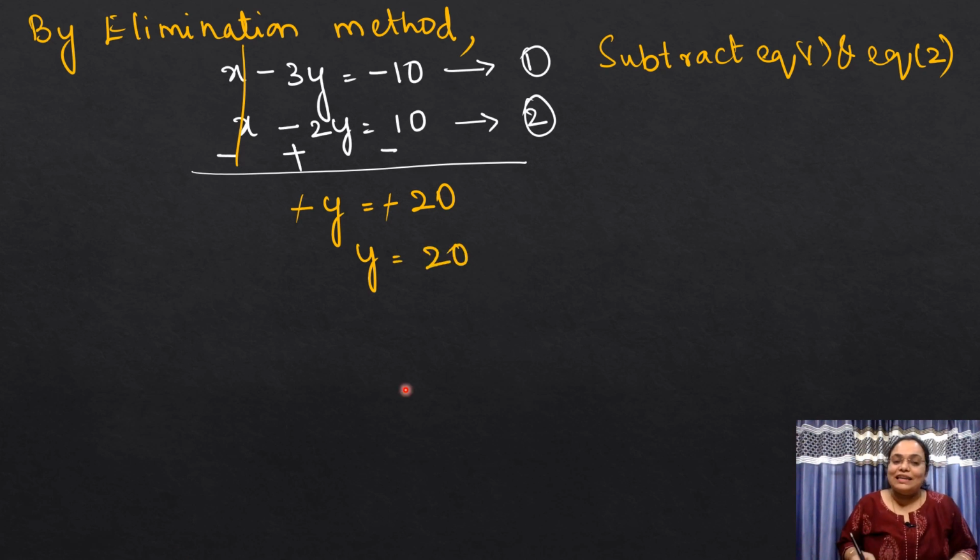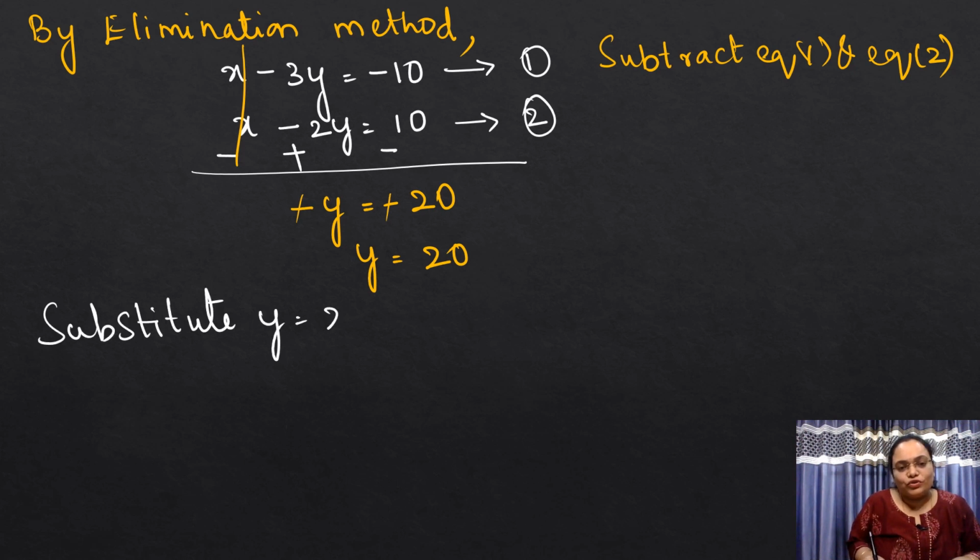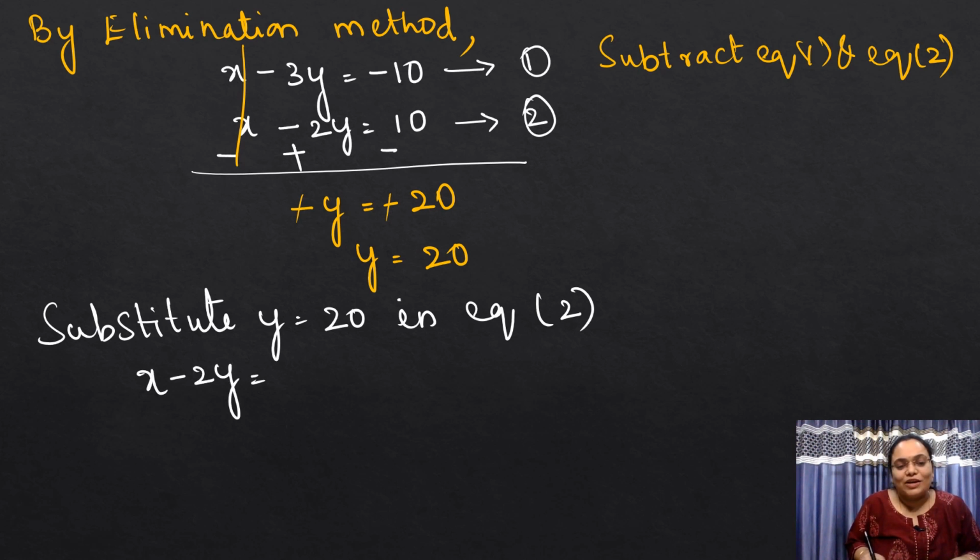Now we got the value of y. Let us substitute it in any one of the equations. Substitute y is equal to 20 in equation 2. What is equation 2? x minus 2y is equal to 10. We know the value of y, which is 20.